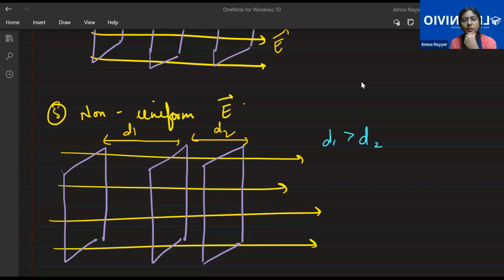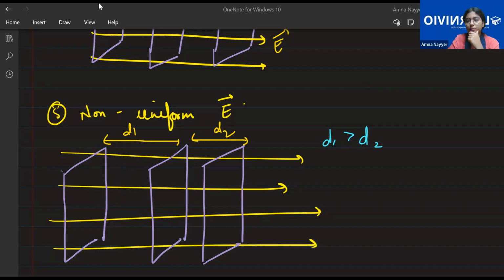Everybody? Ma'am, here are the electric field lines not parallel?